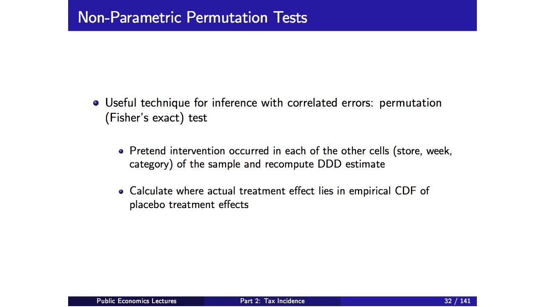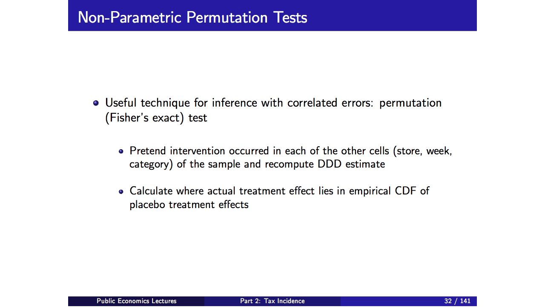Okay, so the way you do this is really very simple. You pretend that the intervention occurred in each of the other cells of your data. So this is what we'd call placebo tests. Remember that here the data is defined by a store, week, and category. So imagine I take all the other store, week, category cells in the data and pretend that I did the experiment in those cells, okay?